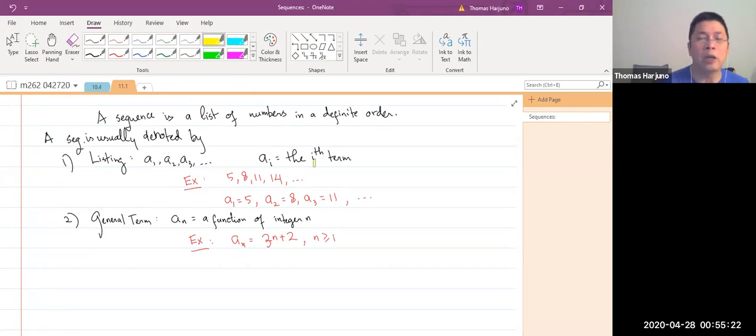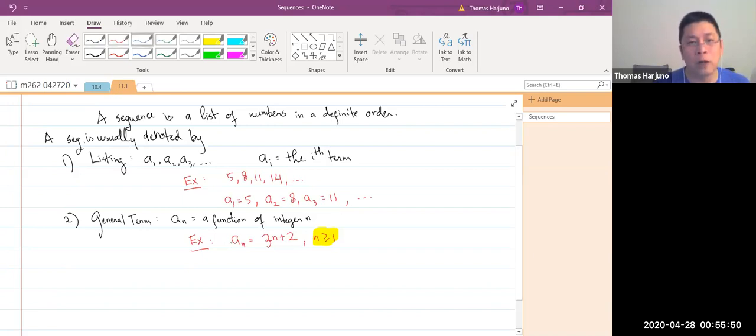By the way, if we use a general term, it is customary to have n start from 1 unless otherwise mentioned. Unless they say n starts from 0, or 2, or 3. If they don't say where n starts, then we start from 1. That's the general term.